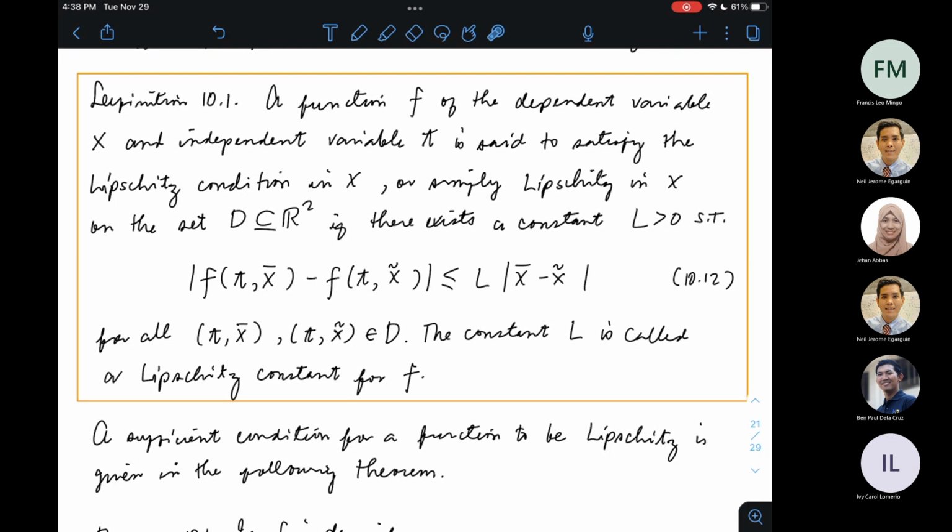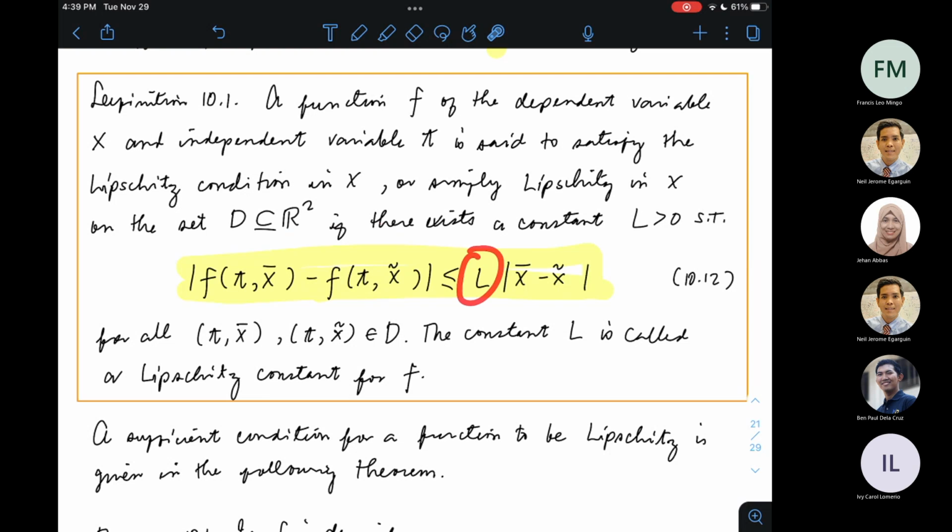Now, an important thing is, I think you already know this, so I'll just mention it in passing. If condition 10.12 is satisfied, then we say that the function f is Lipschitz in the dependent variable x and independent variable t. So kapag ka yung change dun sa function values ay bounded above by a constant times the absolute change in the x's, then Lipschitz continuous yung ating function.